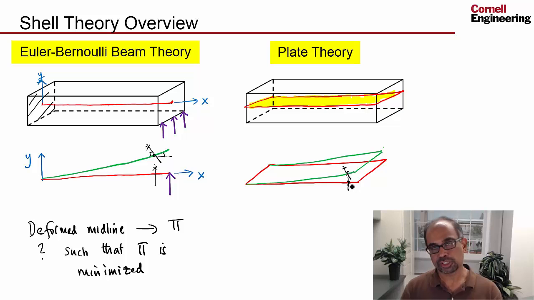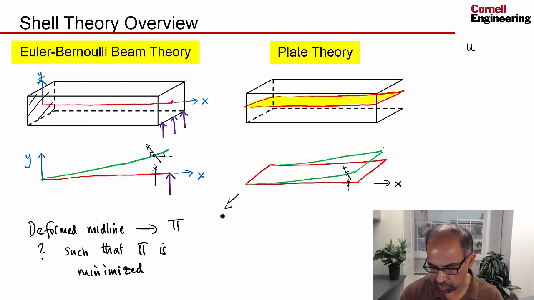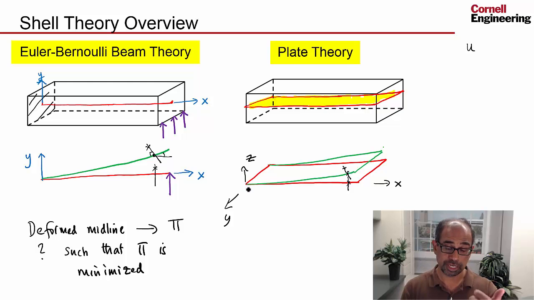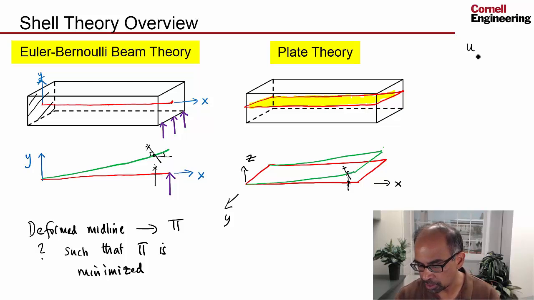Which means that analogous to here, if I know how each point on the mid surface moves, usually you would say this is the x direction, let's say that's the y direction, and the normal is denoted as z direction in plate theory and shell theory, as opposed to y over here.